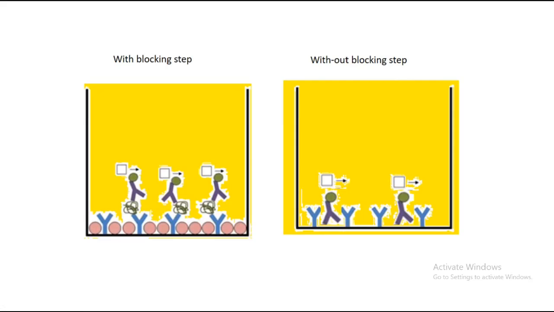So in the normal situation, when an antigen is absent, these detection antibodies should be washed away because there's no antigen. But what is actually happening without the blocking step is that the detection antibody is staying even after the wash because it's attached to the plastic, and subsequently you are going to get a color reaction.